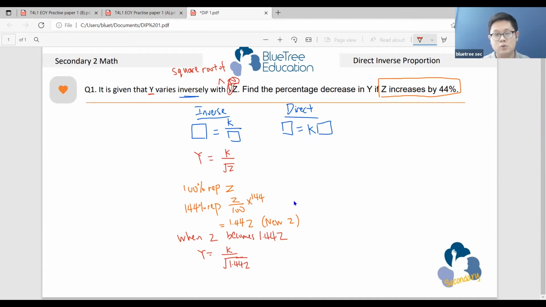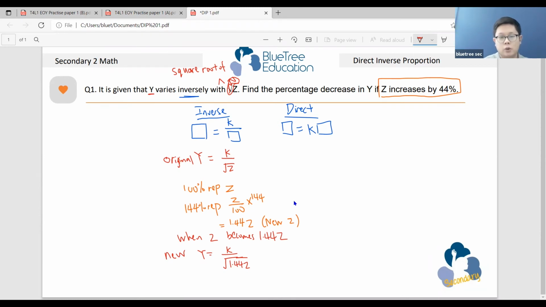And the next thing you're going to do is to basically try and pull away this number, the coefficient, to one side, because you don't want it to interfere with the algebra portion, so that you can compare the original y with the new y.